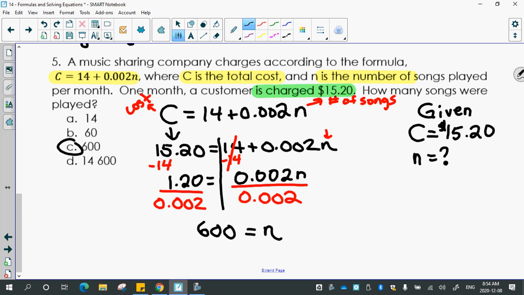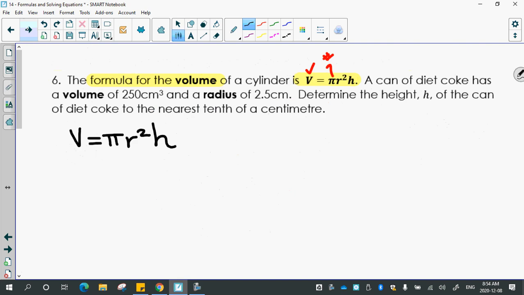All right, on to number 6. So this is our formula for the volume of a cylinder. Is V equals pi r squared h, and I was pointing out that pi is a number. Last time we saw pi, some people said it's approximately 3.14, which is correct.